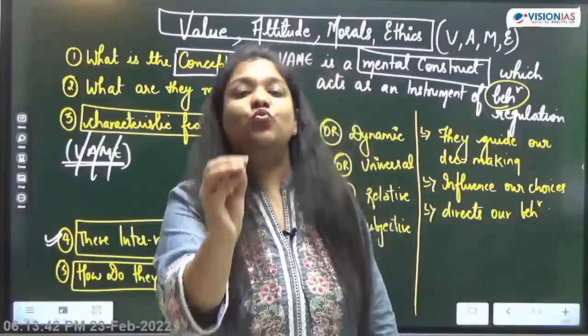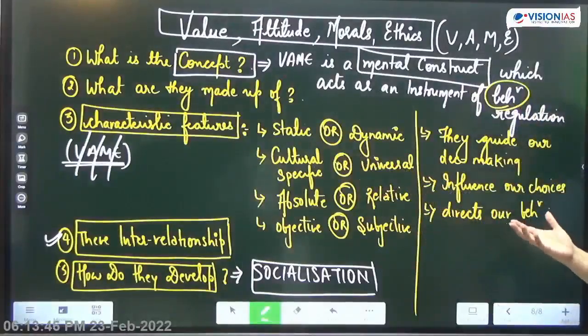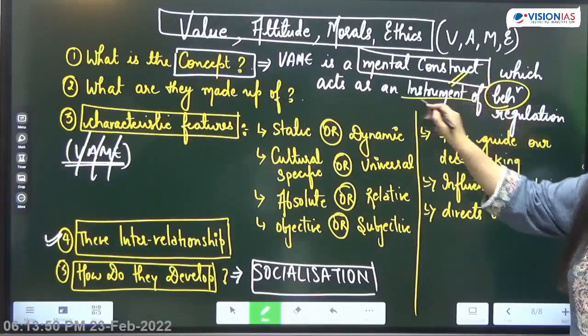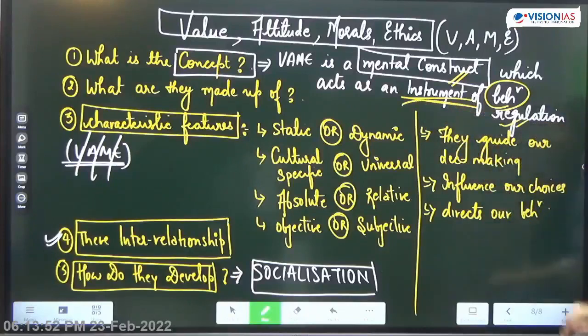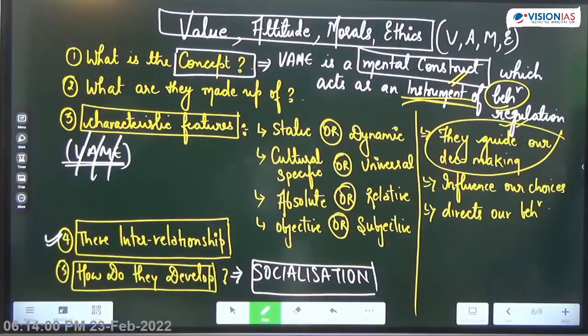That is why it is known as a mental construct. These concepts are nothing but a mental construct which acts as an instrument of regulating your behavior. How is it regulating my behavior? It is guiding me with respect to my decisions, my values, my attitude, my morals, my ethics.